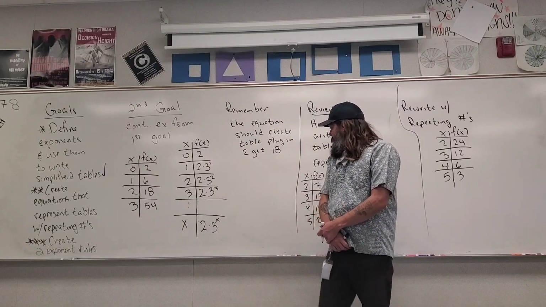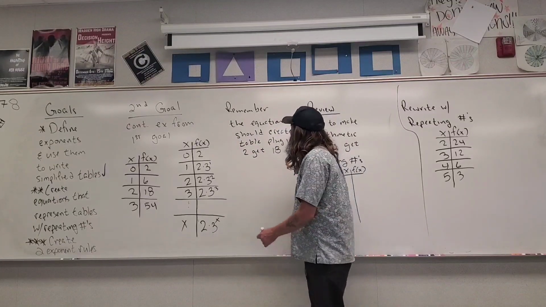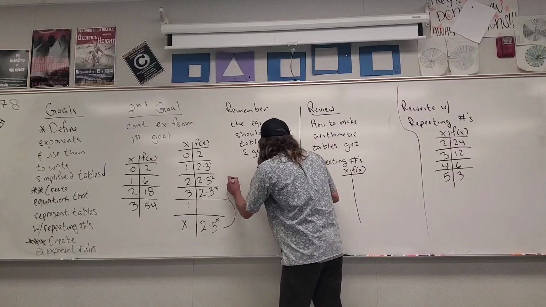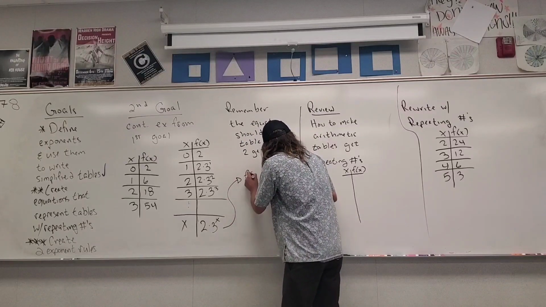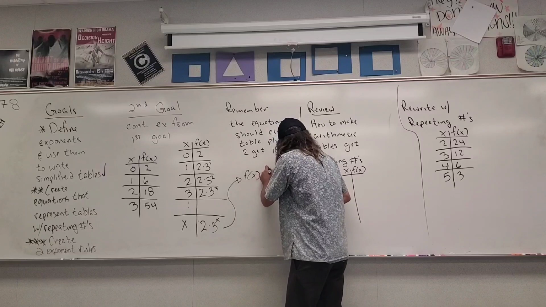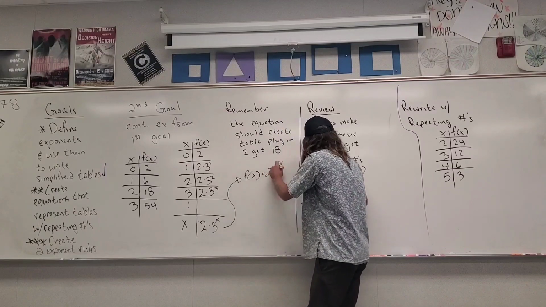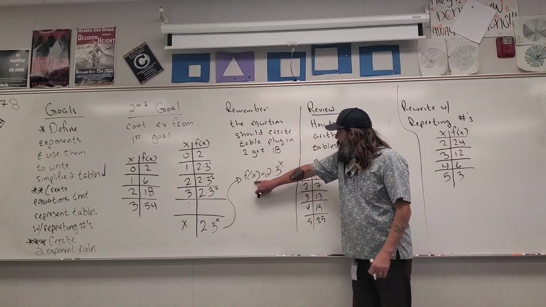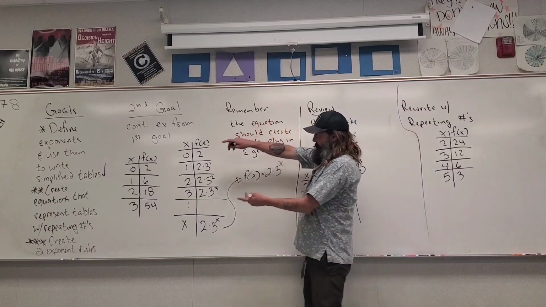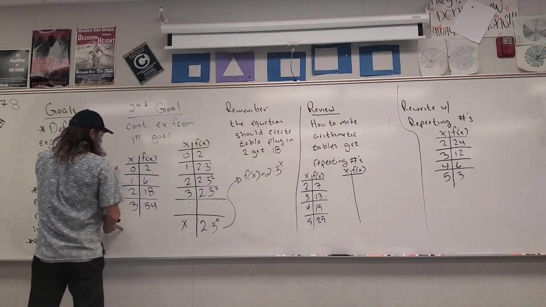And all that I have to do to create my equation is say that f of x is equal to 2 times 3 to the x power. So hopefully I've created an equation that represents this table.